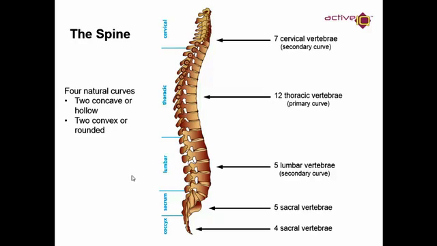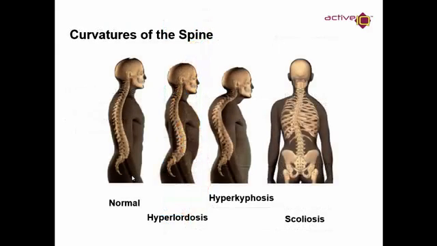That was where our tail would have been. And then just above that, we have our sacrum, and there are 5 vertebrae in the sacral region, and there are 4 down by the coccyx. Okay, you need to be aware of how many are in each area and what each area is called.